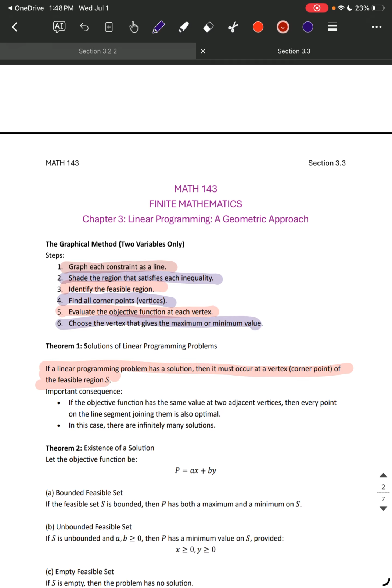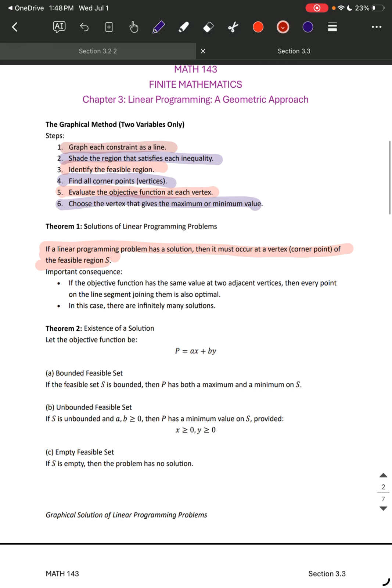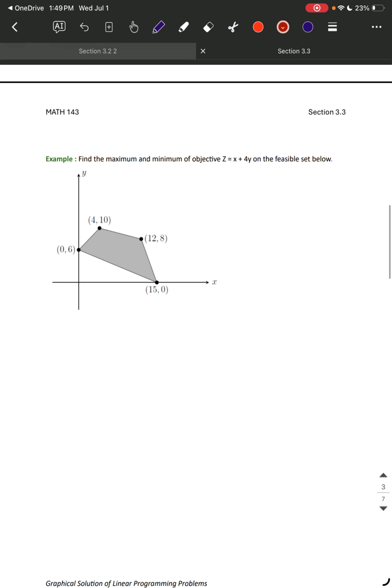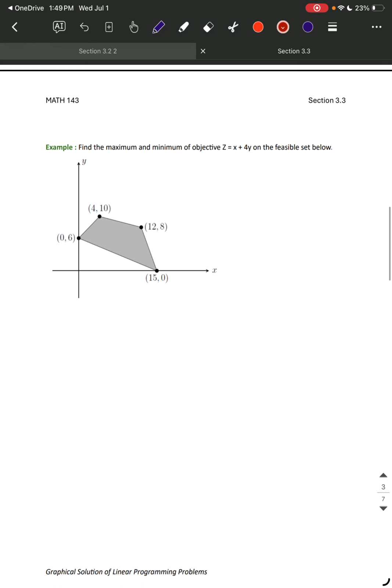Then let's see the example. Find the maximum and minimum of the objective function given here, z equals x plus 4y. So for the feasible region, you can identify the 4 vertices, 4 corner points, and evaluate the objective function z equals x plus 4y at each corner point.